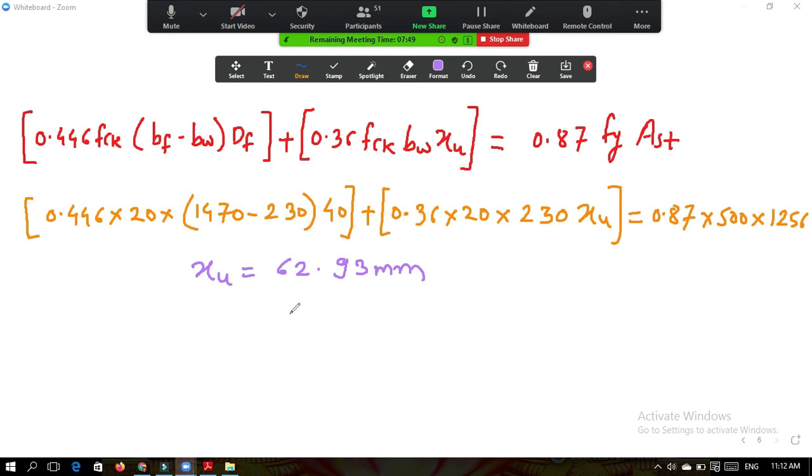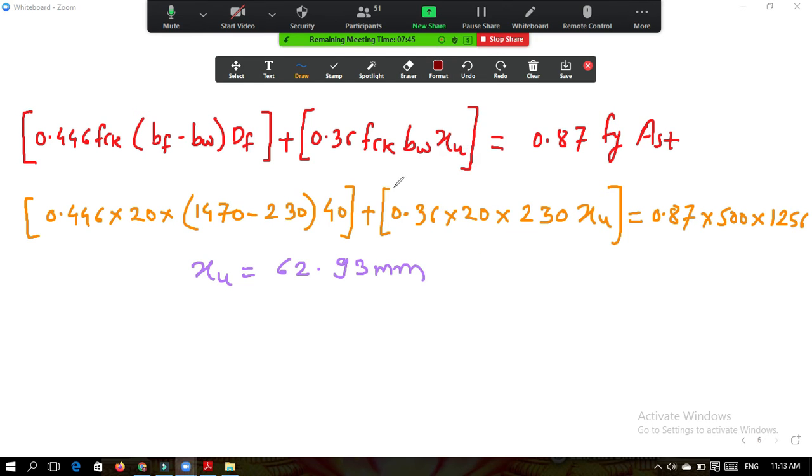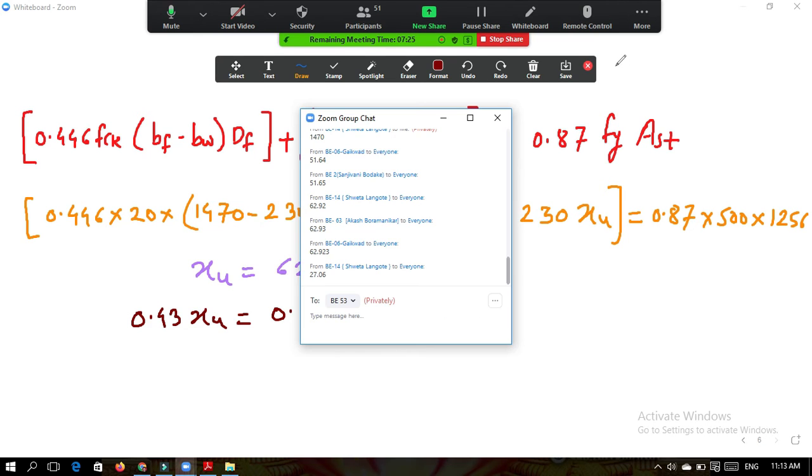So first, after the calculation of XU, you should calculate 0.43 XU. So 0.43 XU is equal to 0.43 into 62.93. Let me know the answer. The answer is 27.06. Anybody else, please drop the answer.